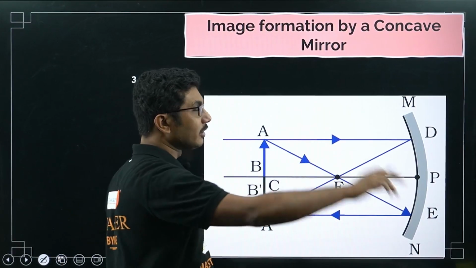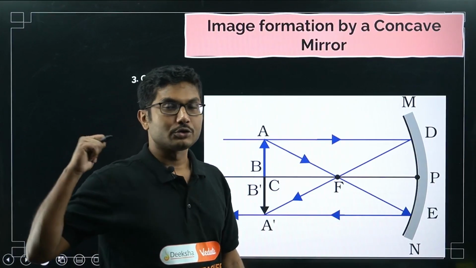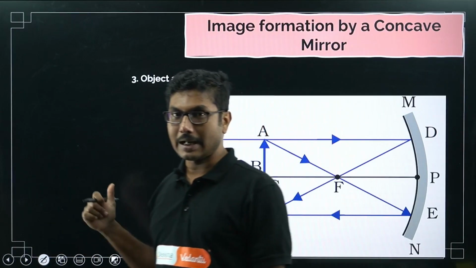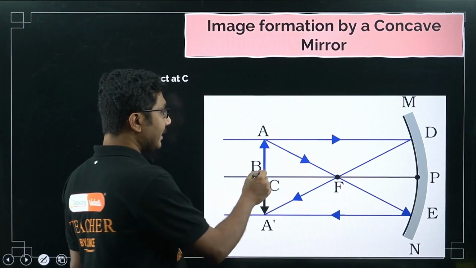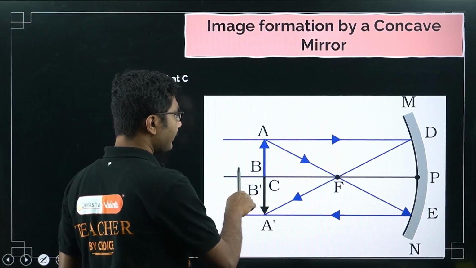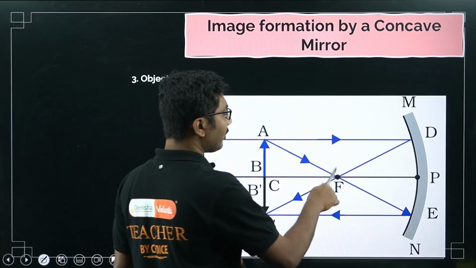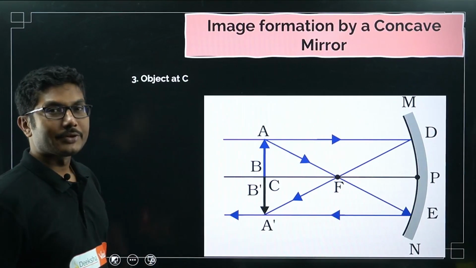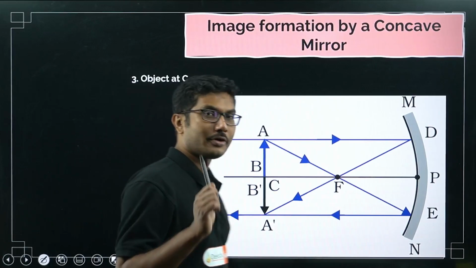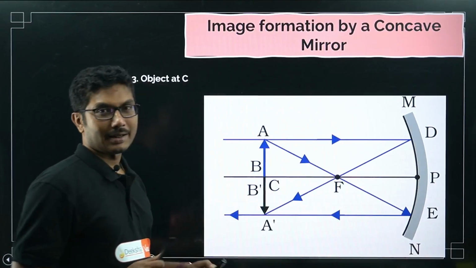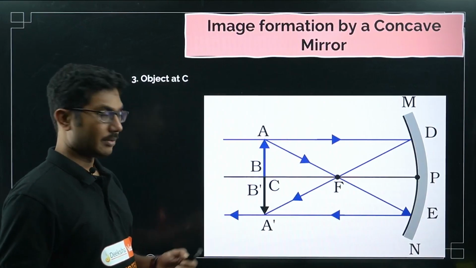You cannot draw the diagram the way I showed in the previous case. If you try to draw the diagram like this, you will never get the location of the image exactly at C. It will either be slightly left, slightly right, or the rays will not match at the focus. So there are a few drawbacks of this, so you have to know how to draw it smartly. In some cases this diagram might come, so you have to be careful about that.